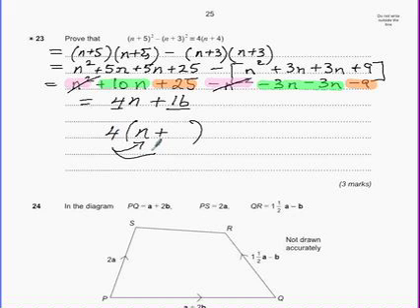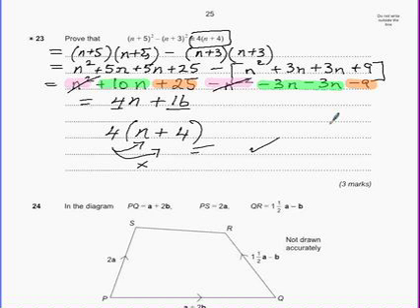And then 4 times what will give me 16? I know for a fact it is 4 times 4. As you can see here, this is the same thing as what we need right at the top. So therefore we've proved that (n + 5)² take away (n + 3)² is the same thing as 4(n + 4). And there's 3 marks there.